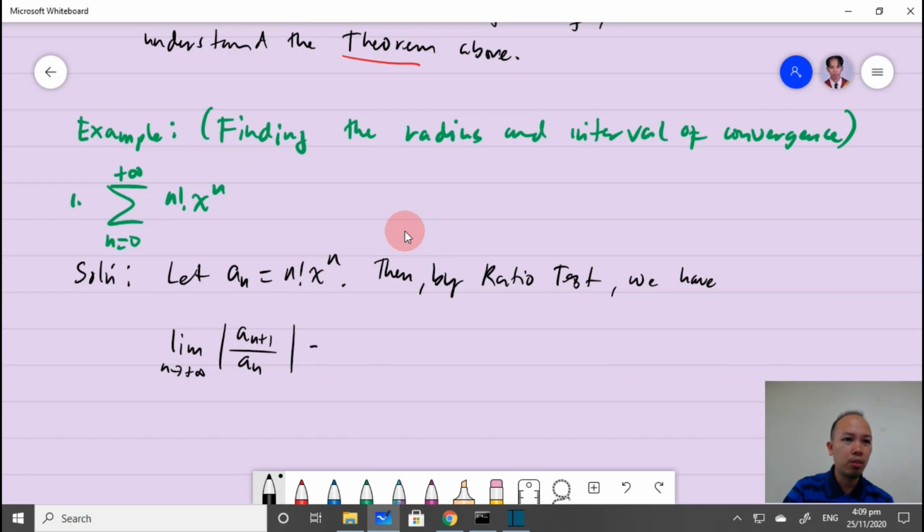So substitute, replace n by n plus 1. So we have n plus 1 factorial times x to the n plus 1. Our denominator is a sub n. We have n factorial times x to the n, where n approaches positive infinity.